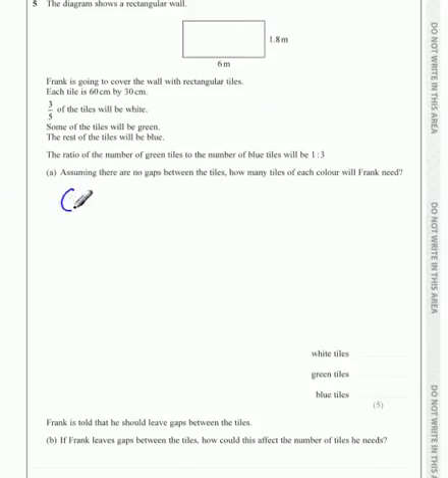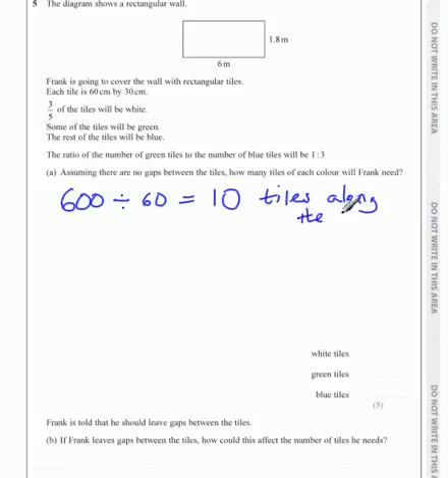For the length, we're going to use that 6 meters, convert it to centimeters though, so 600 centimeters, and divide it by the 60 we've got for the length of each tile. So that is going to give us 10 tiles along the length. For the height, we're going to do the same thing. So converting the 1.8 meters to centimeters, 180, and divide that by the height of each of the tiles.